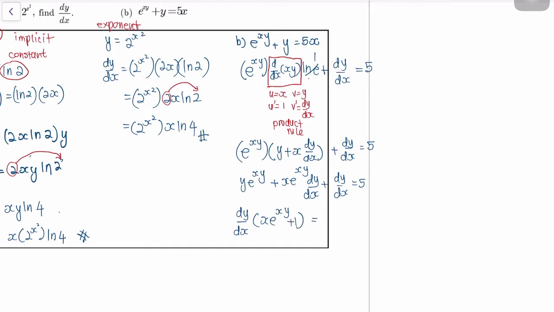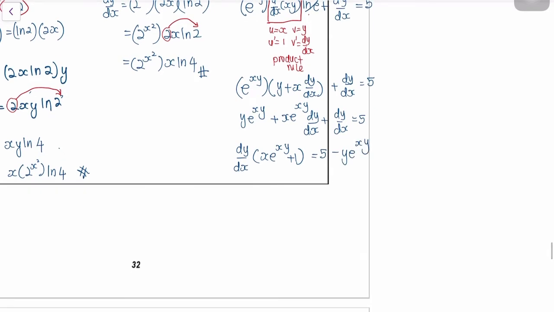Then y e^(xy) kita pindah ke sebelah sana, so dy over dx kita akan dapat 5 minus y e^(xy) over x e^(xy) plus 1. Okay, so dah siap for question 16.